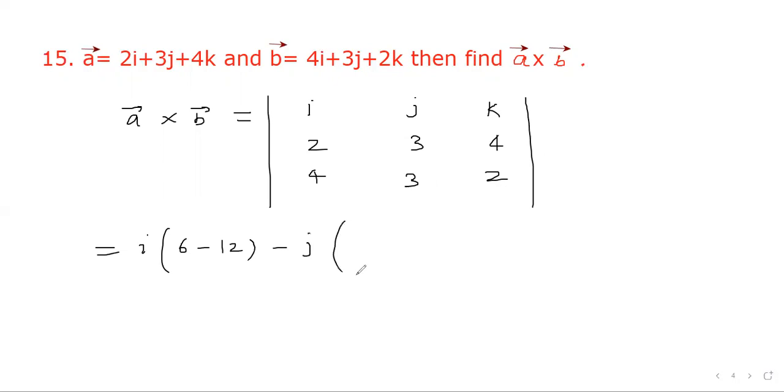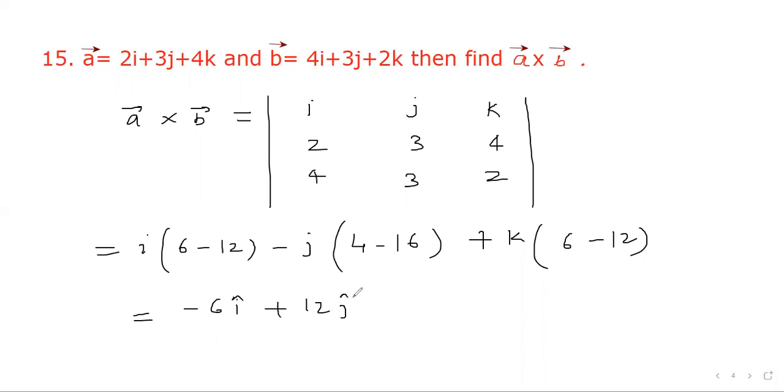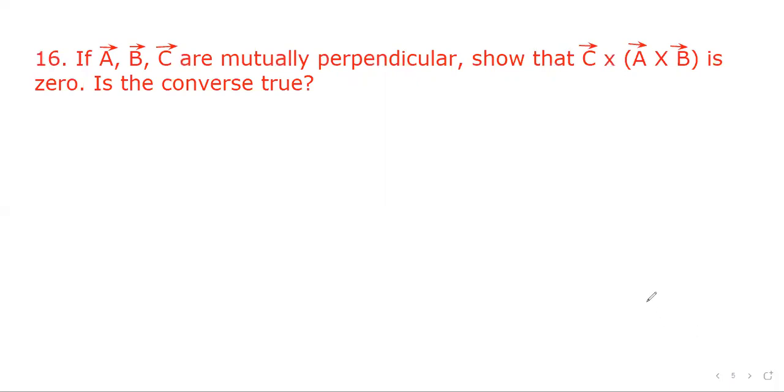Then minus j, and we note this, so 4 minus 16, plus k, so this will be 6 minus 12. So we simplify: minus 6 i cap, plus 12 j cap, minus 6 k cap. So that is the answer.